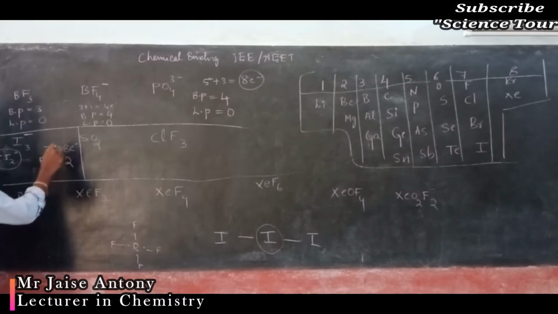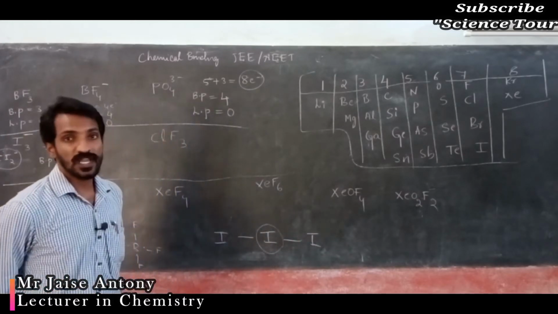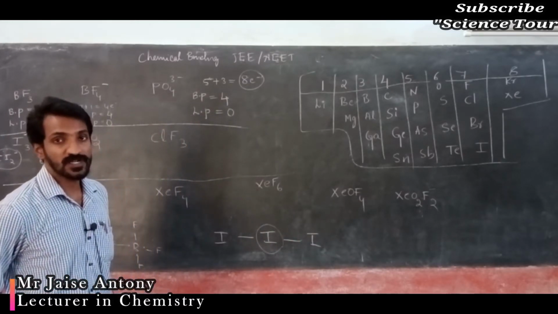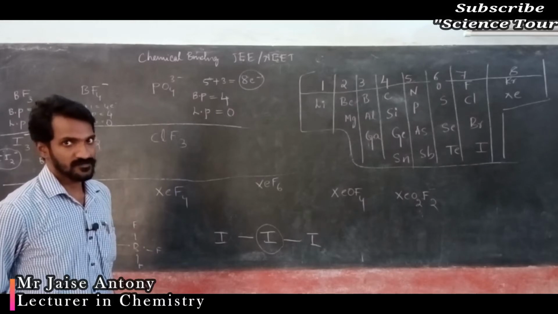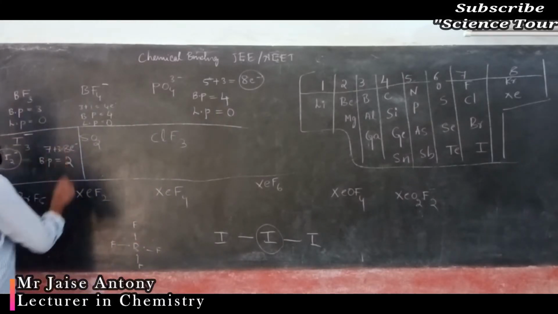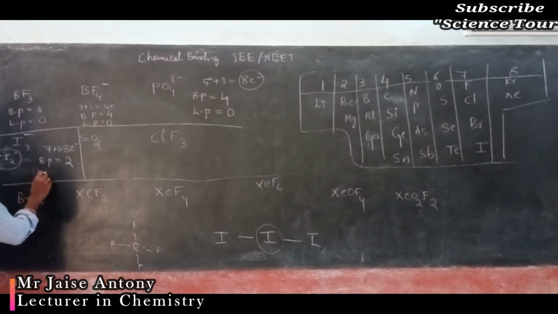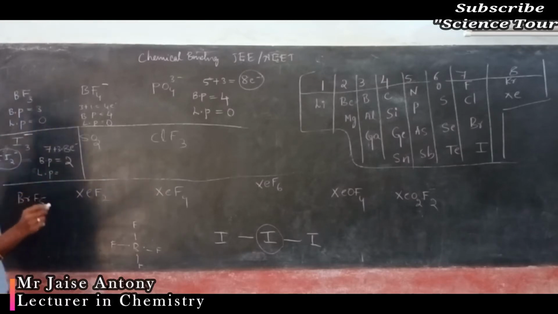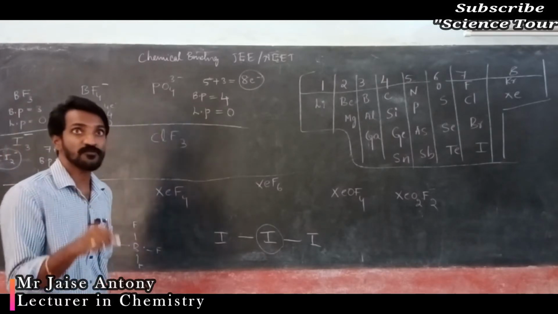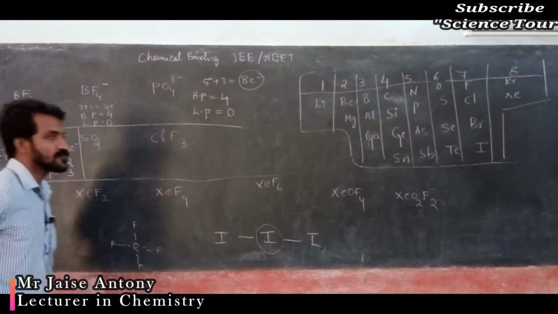Out of 8 electrons, 2 electrons are used for bonding with the 2 iodine atoms. Understood? Now the remaining electrons, 8 minus 2, are 6 electrons. That means lone pairs. 6 electrons means how many pairs? 3 pairs. Okay, 3 lone pairs.